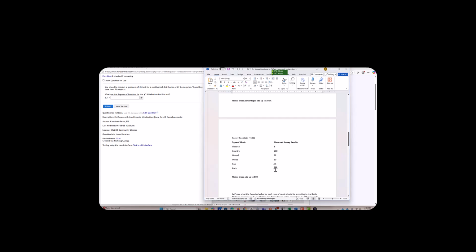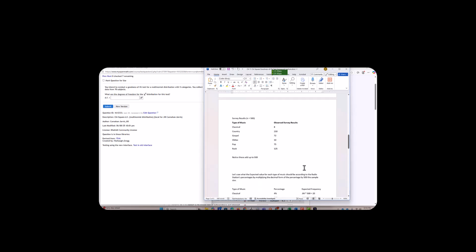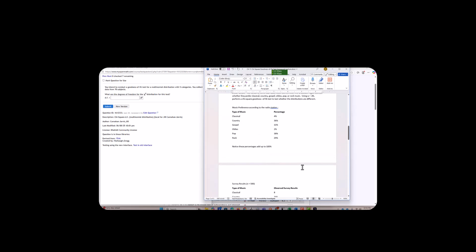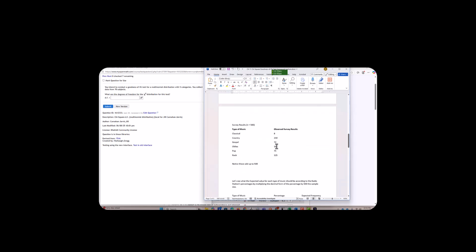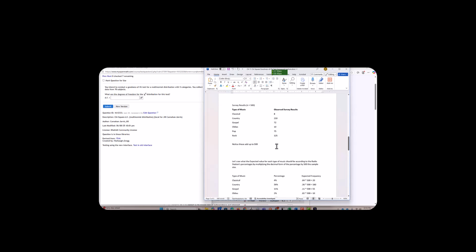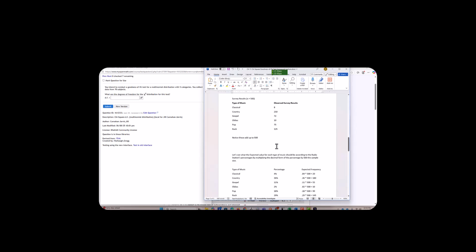And notice that these add up to 500. So based on what the radio station's broadcast region says is expected, and then what we think it is from our sample, let's see what the expected value for each type is.